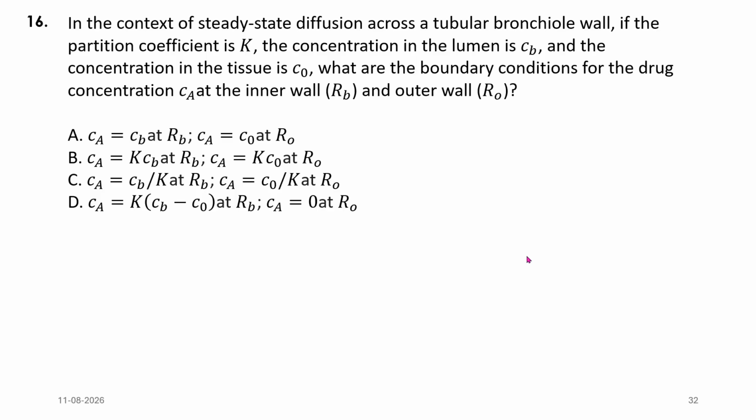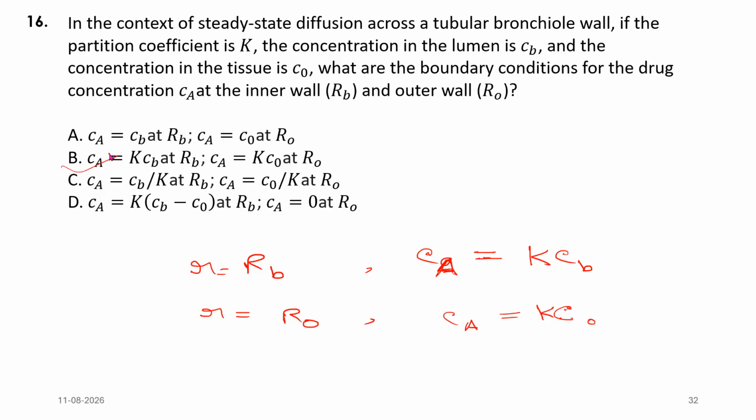So at r equals Rb, Ca concentration will be dictated by the partition coefficient and the concentration in the lumen, K Cb, and at the outer wall Ro, Ca will be K C0. So it is option B.